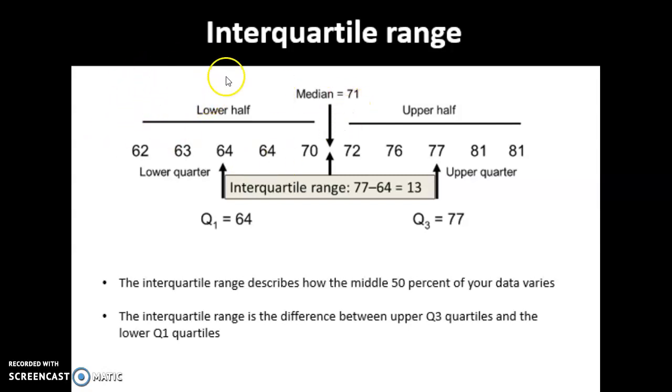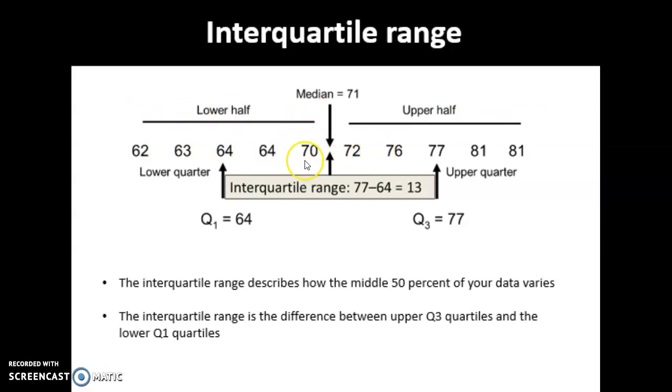So this is the lower quarter here, and this is the upper quarter. Basically you're measuring between Q3 and Q1, the middle 50% of your data, and you do this by finding the median for the whole data set, and then splitting the data into halves, like this is done here.